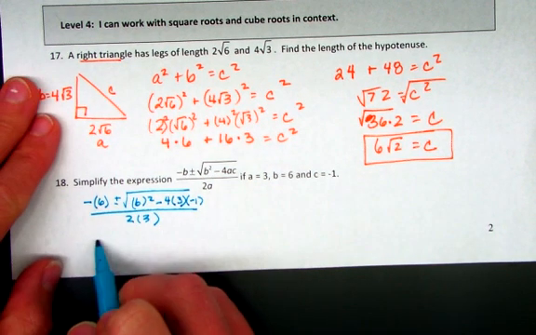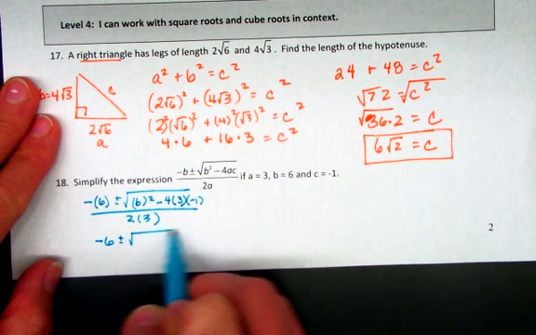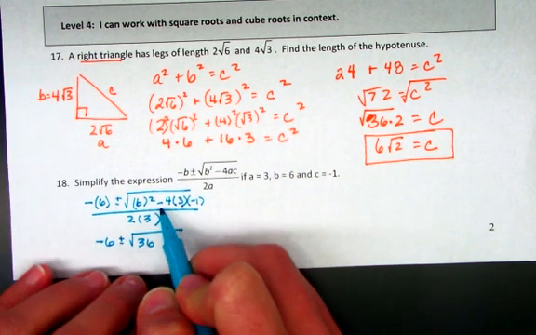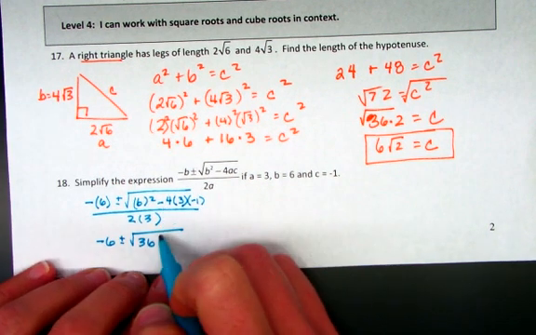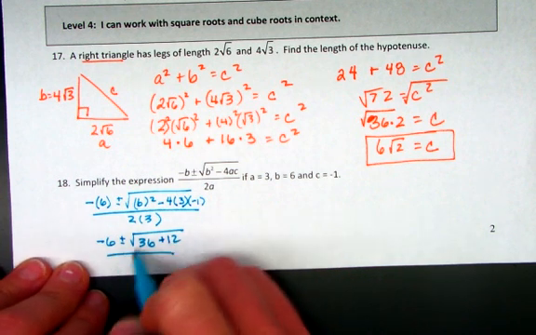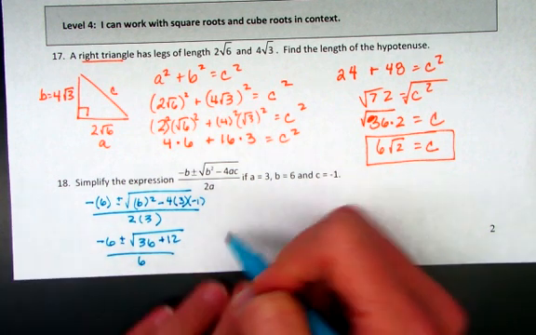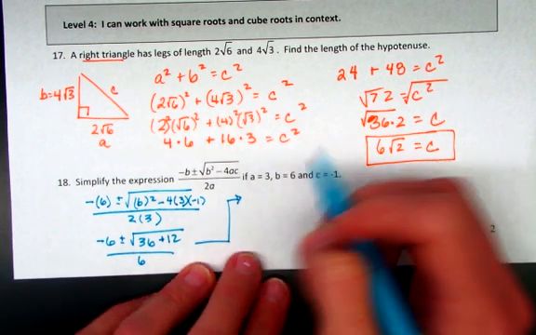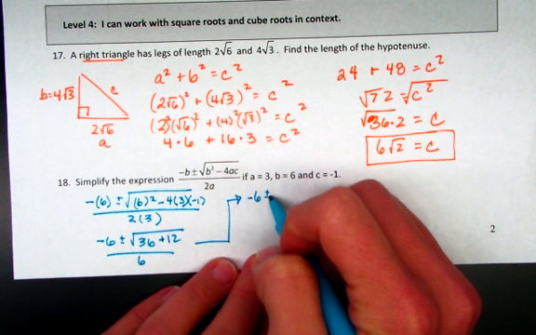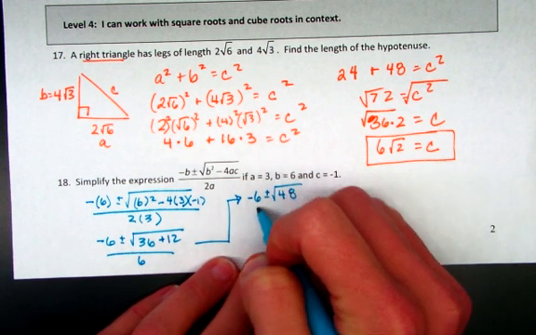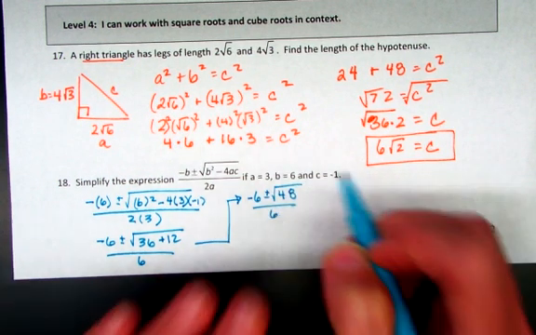So this simplifies to -6 plus or minus the square root of 36, -4 times 3 times -1 is plus 12, divided by 6. So that becomes -6 plus or minus the square root of 48 over 6.